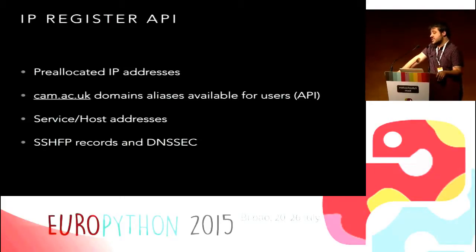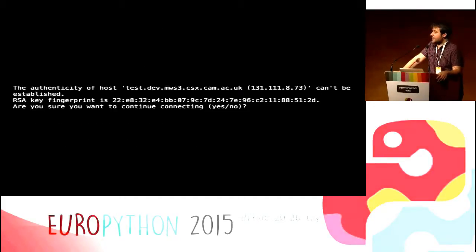Additionally, we have SSHFP records and DNSSEC. Does anyone know what SSHFP record stands for? No one. Good. I'm sure pretty much you all have seen this screen like that.